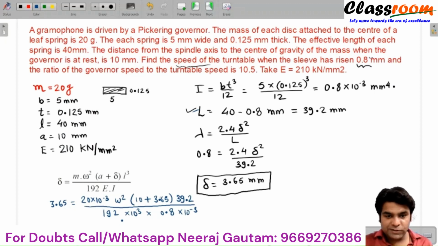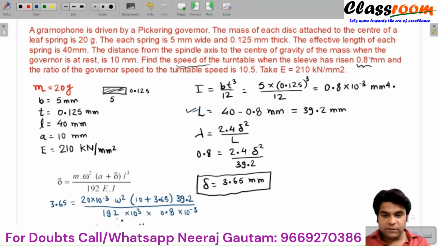So all the length units are in mm. We'll get the value of omega by solving this relation as 2.675 radians per second.